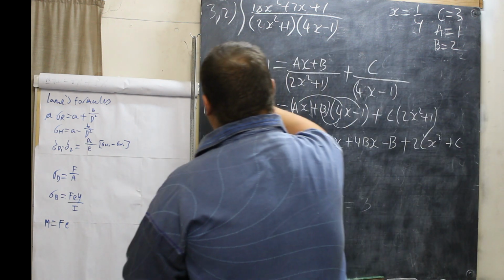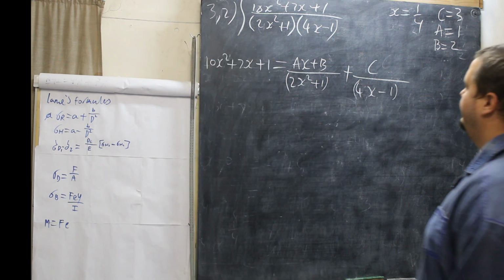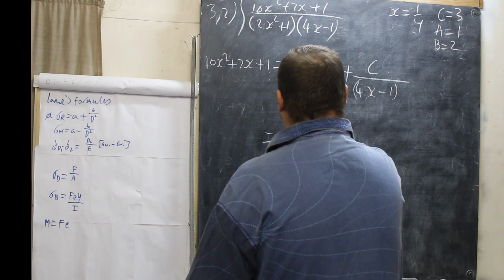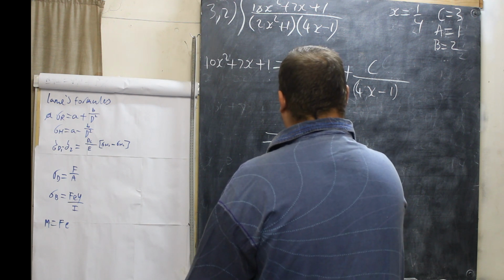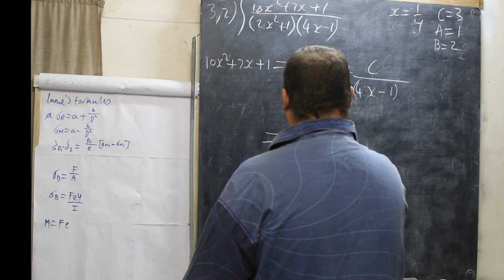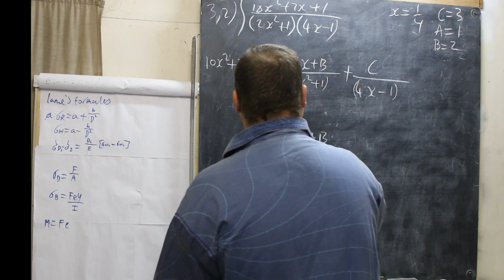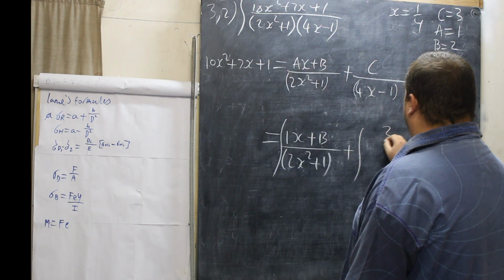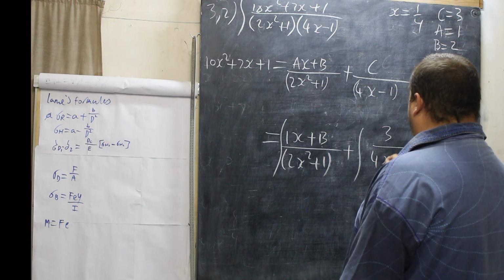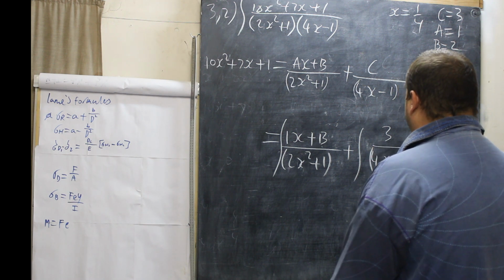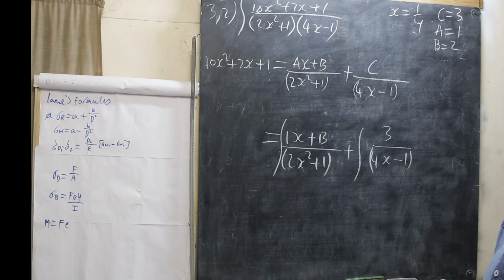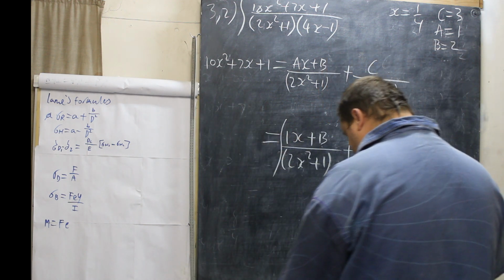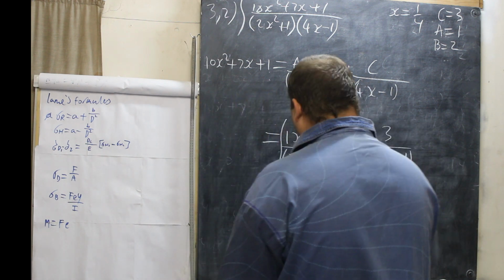Okay, so now that we have that, this will be the integral of 1x plus b over 2x squared plus 1, plus the integral of 3 over 4x minus 1. Right, so we're going to split this apart into 3 things.